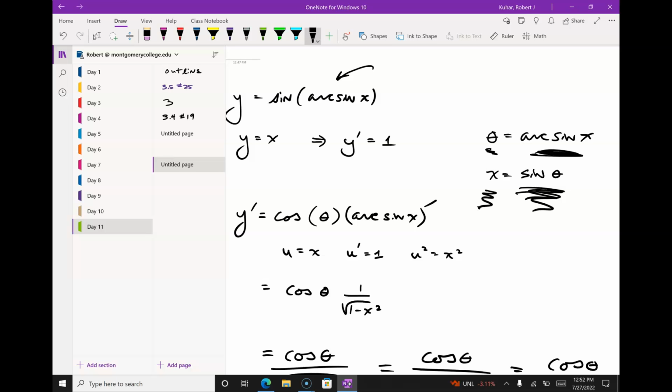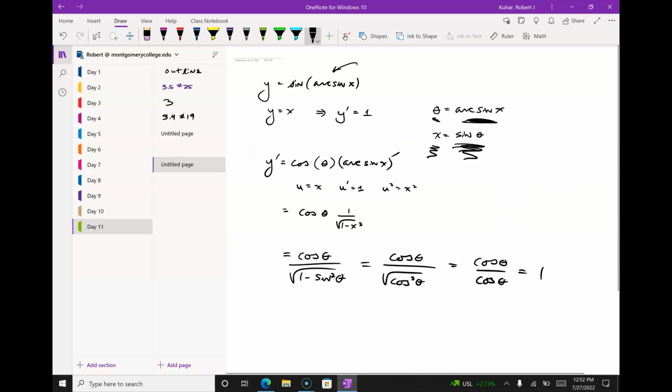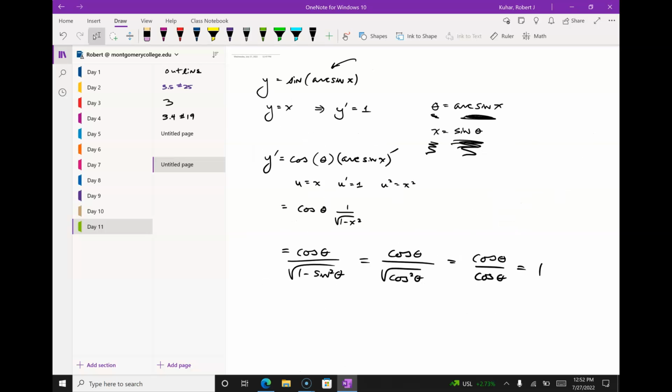Those are interchangeable because of the inverse functions. So it's that inverse function piece that's screwing you up, I think. But if I see theta is arcsine of x, I instantly know sine of theta is x. Exactly.